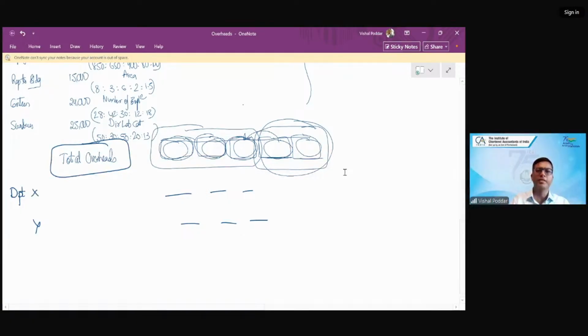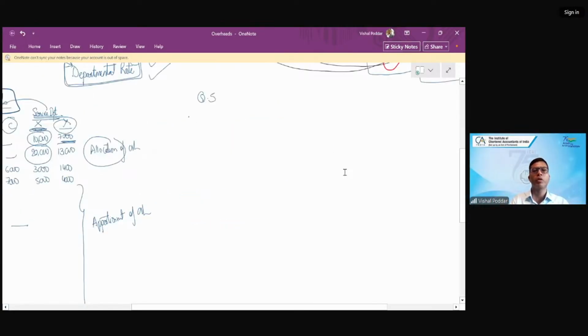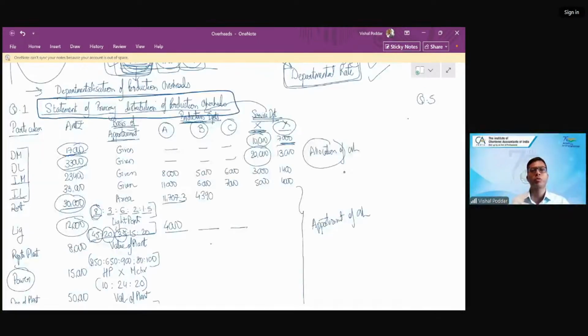However, if in the exams they are asking you to do it separately, like in this sum, what I will do is copy paste the same format. So the name also will be the same. The only difference is, since the earlier question was requiring you to do the primary distribution only, we had given the heading as statement of primary distribution.